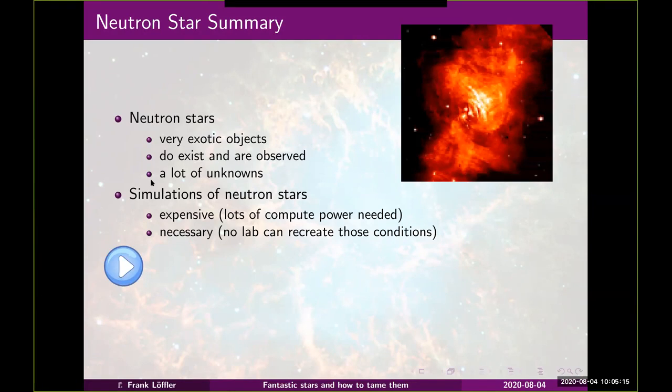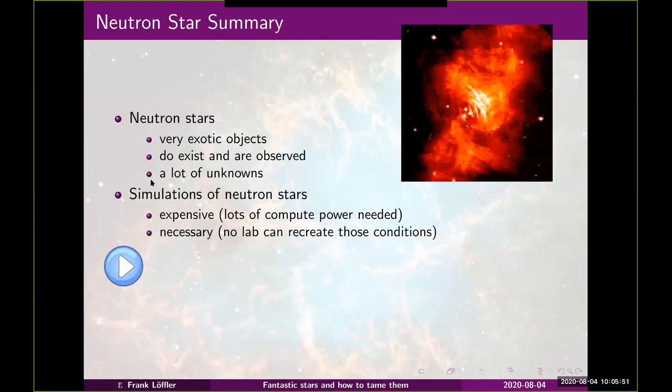That would be really helpful to constrain the equation of state, but there's no good way to actually measure the radius of a neutron star. But what we do know is that whatever the radius is, the mountains, so to say, of a neutron star cannot be higher than a few millimeters at most. So it's kind of strange that we do know they are quite spherical, or let's say if they rotate, they are quite smooth, so to say. We do know that.